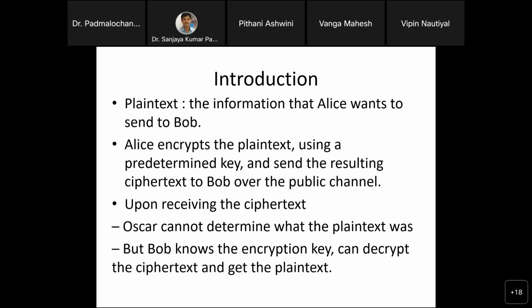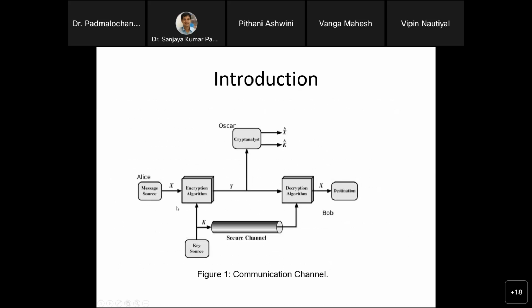When data is at rest, stored in a cloud server, it is the same: the data owner encrypts it and stores it in the server, and customers access it using their decryption key. Importantly, it should be one way: Oscar, the adversary, cannot determine the plain text as he doesn't have the appropriate decryption key. This is the basic idea in cryptography.